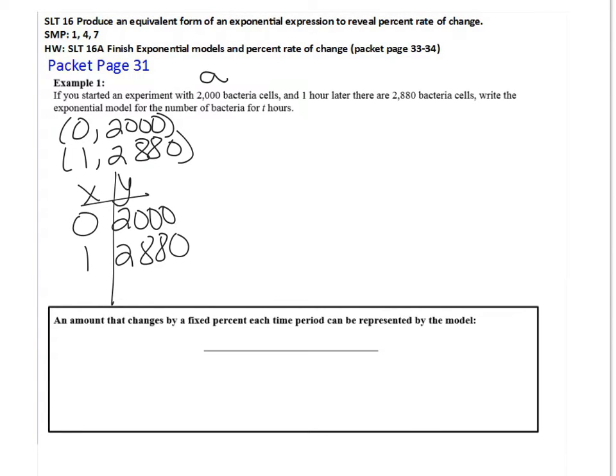So we know that for an exponential model, we're going to multiply by the value of b. So let's figure out b. It's going to be 2,880 divided by 2,000. You may use a calculator for this, and we get 1.44. We have to define our variables when writing an equation.